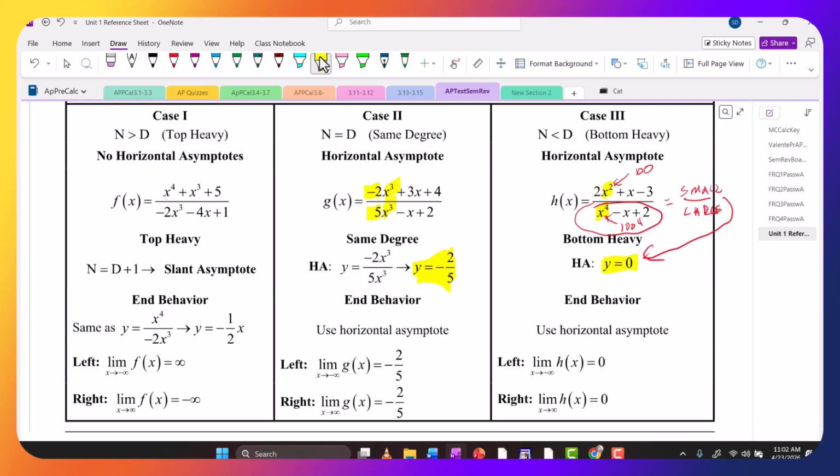So the limits of the end behaviors equal those asymptotes. Same thing over here. That's what we had to write. We had to write those limit statements. And then the rough one, when the numerator's degree is larger than the denominator, you have a slant asymptote. And all you had to do was take these two and divide them.